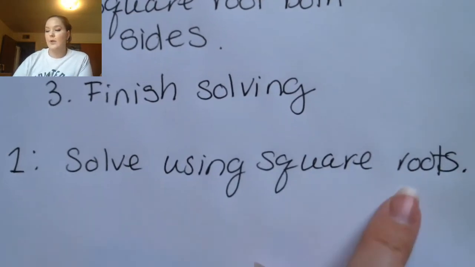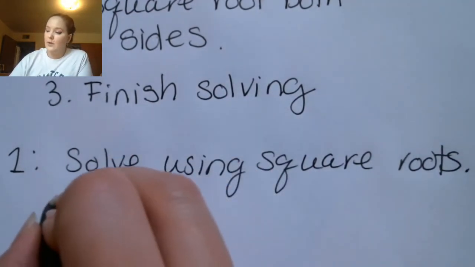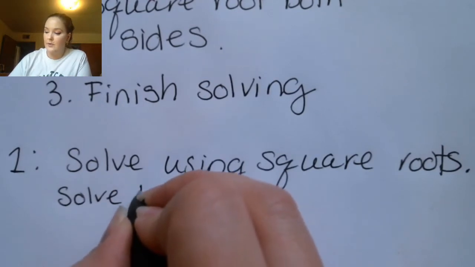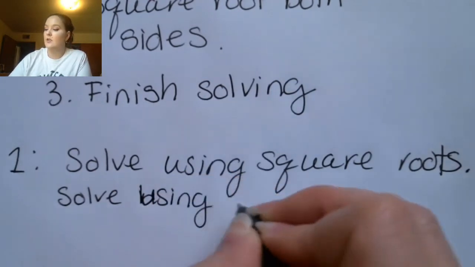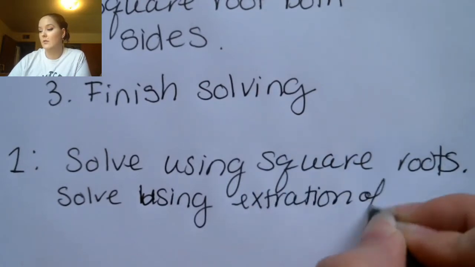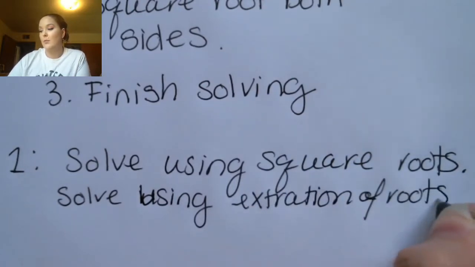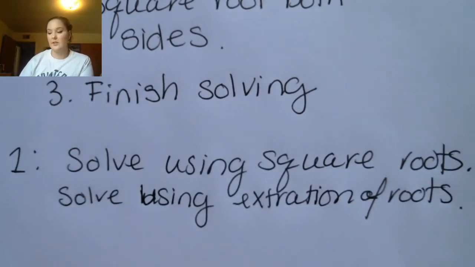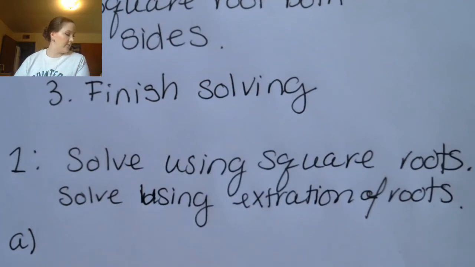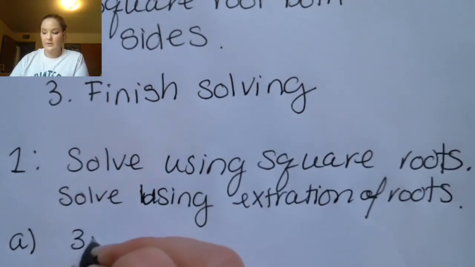So we're going to solve using square roots, or this might say solve using extraction of roots. Both of those directions would be referring to this same problem. So the first thing we're going to look at is this equation.